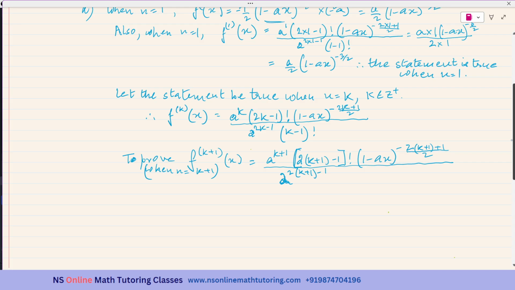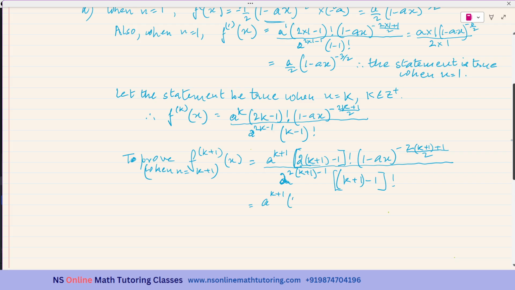Minus 1 and k plus 1 minus 1 factorial. Okay, so this is e to the power of k plus 1 and 2. If I expand this part, what will it be equal to? 2k plus 2, and 2 minus 1 is 1.